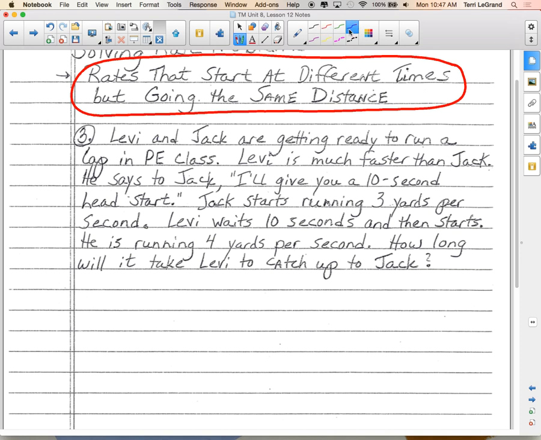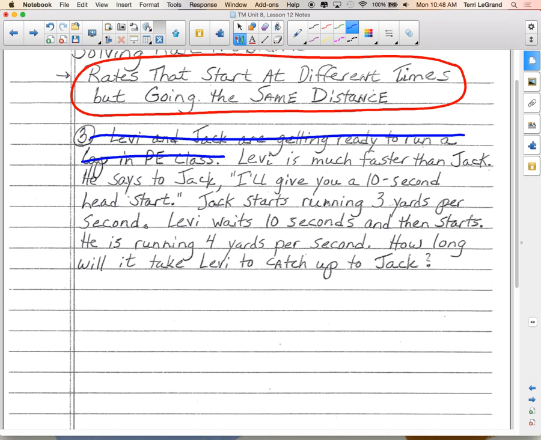We got a lot of stuff going on here. What can we cross out? Tyler? Levi and Jack are getting ready to run a lap. Yeah, it's kind of nice to know where they're at and what's happening, but it's not going to help us necessarily with our equation. What else can we maybe cross out, even though it's important to the problem?